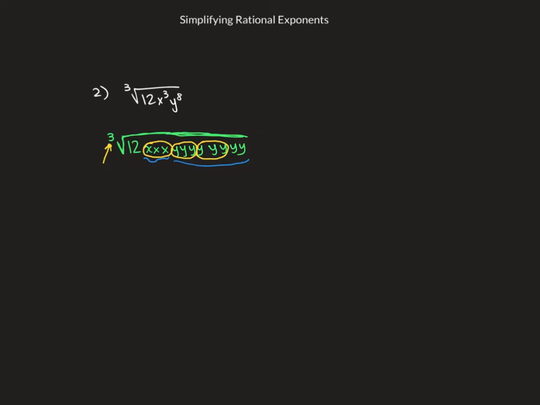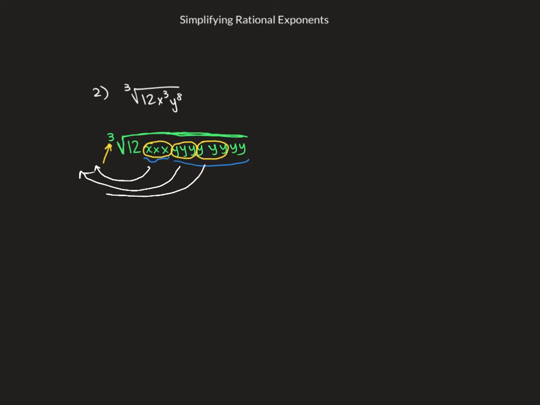Now, what we can do after this is we can essentially just take these groups and count off the groups. Once we've grouped them into groups of 3, they all can now come out of the cube root.